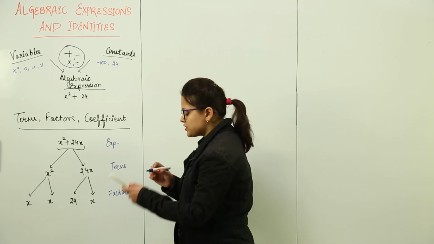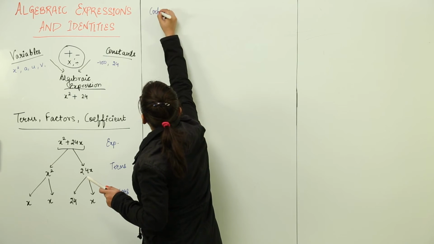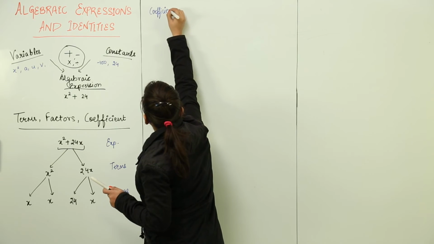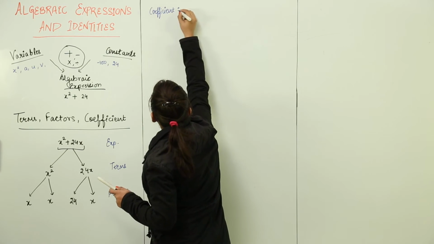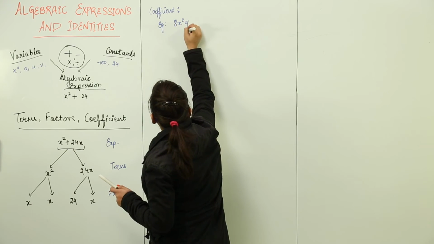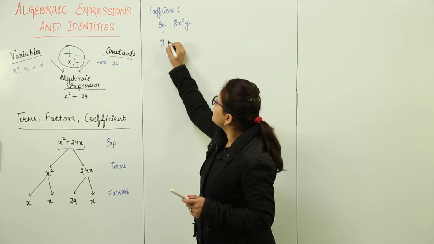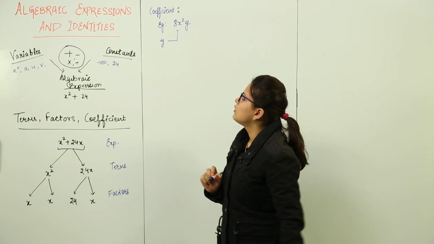Now, what are coefficients? Let us take another example for coefficients. Let's take 8x square y. If I ask you what is the coefficient of y in this expression, what is it?